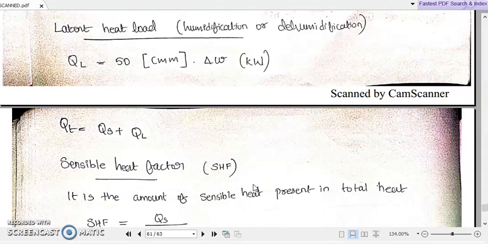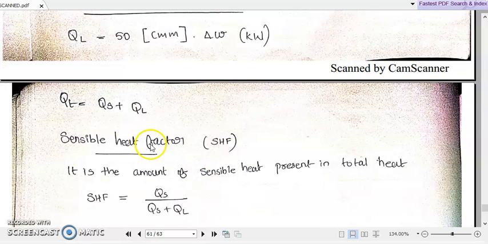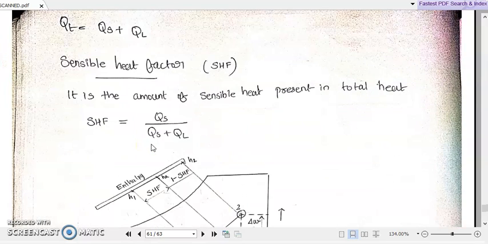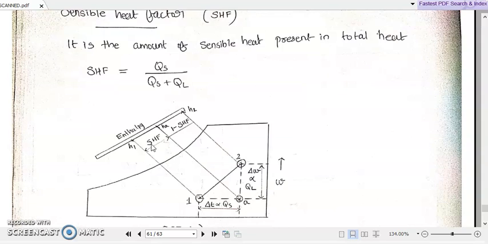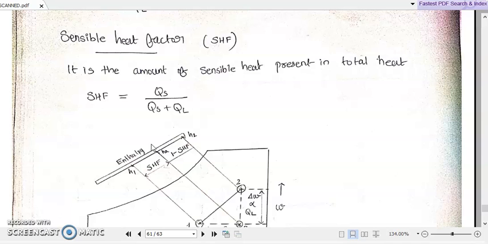Okay, so the total heat content of a moist air will be the sum of the sensible heat load and the latent heat load. When we are considering a particular amount of moist air or atmospheric air, it will contain both sensible heat load and latent heat load.